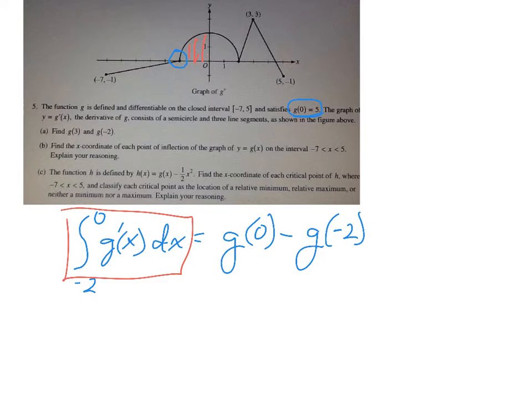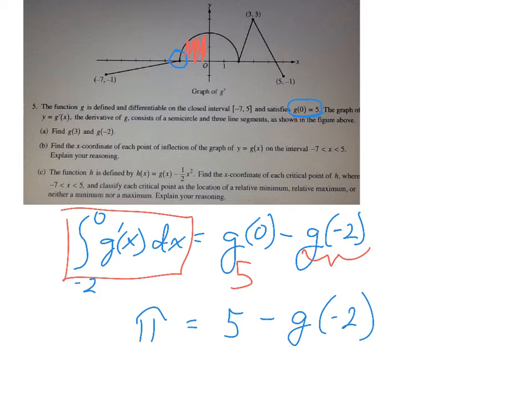G of 0 we know from our information, that is 5, and this is what we're going to try and find. All right, let's go ahead, find my area again. Well, we notice we've actually done this before. That area is a quarter of my circle, so that area is just pi equals 5 minus g of negative 2.